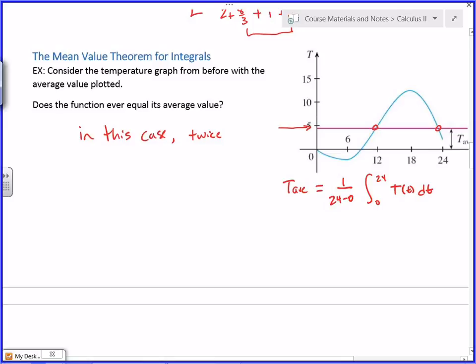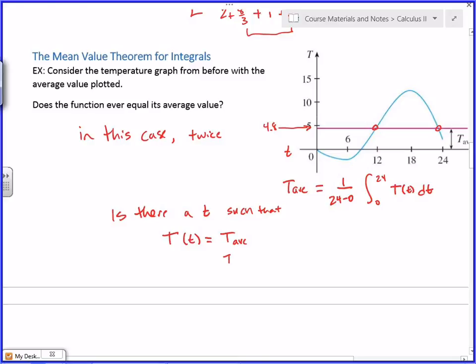The question is, is there a little t somewhere on the horizontal axis such that if I plug in that little t, I get the same value as T average? T average looks like it's about 4.8 or something like that to me.